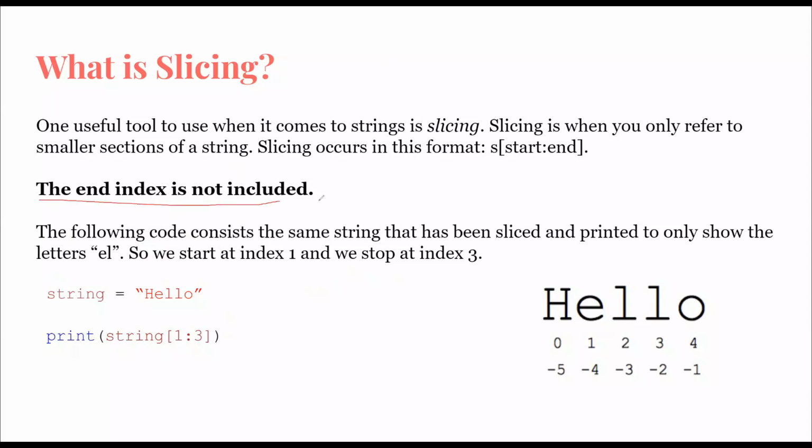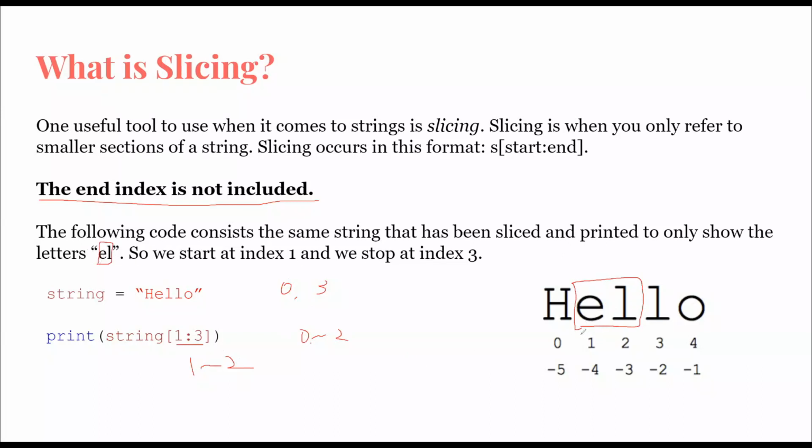The end index is not included, so again, it's like the range function. If we specify 0 to 3, it'll only give us 0 to 2. Same thing here: if we get 1 to 3, it will only return 1 to 2. So in this case, we'll get EL as our output.